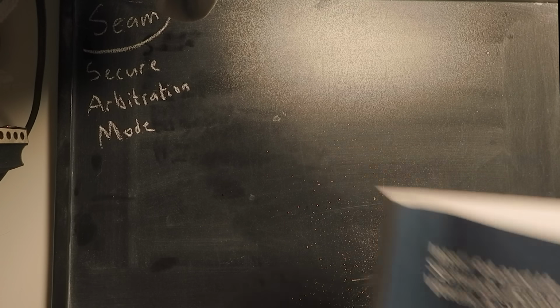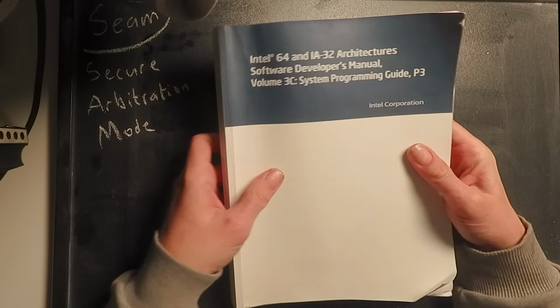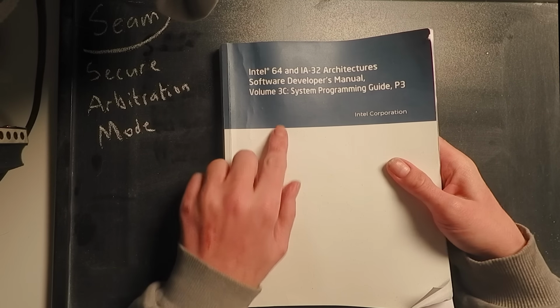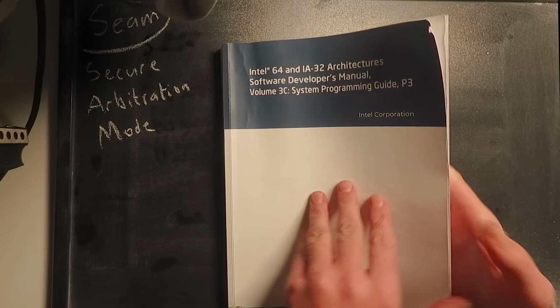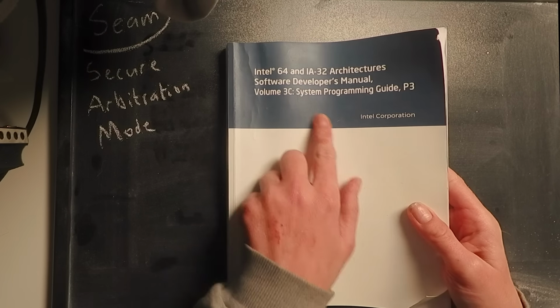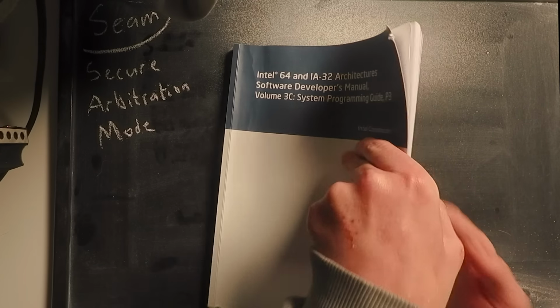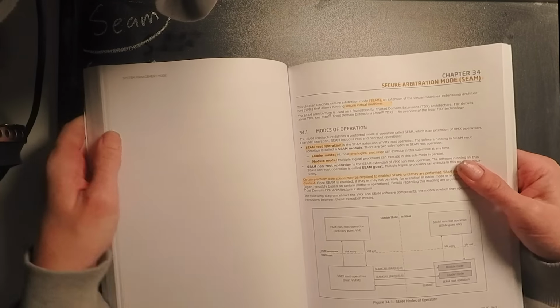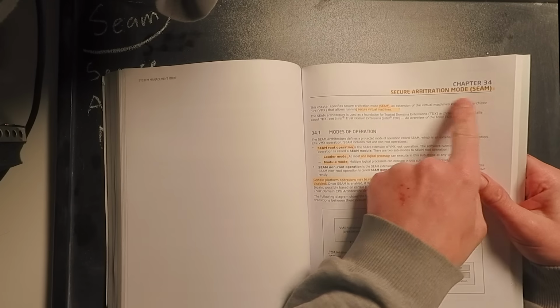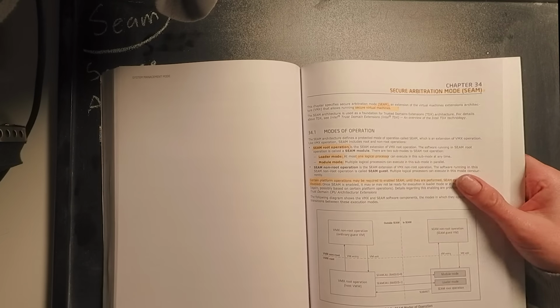So, today we're going to talk about something I found in this manual. The Intel 64 and IA-32 Architectures Software Developer's Manual, Volume 3C. And especially a chapter, this, SEAM, Secure Arbitration Mode.